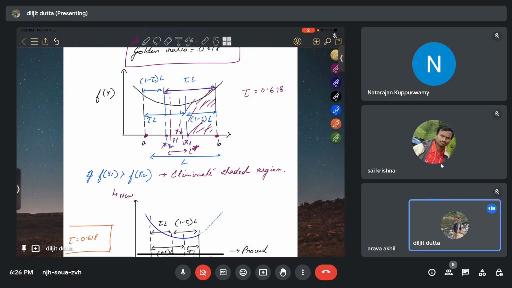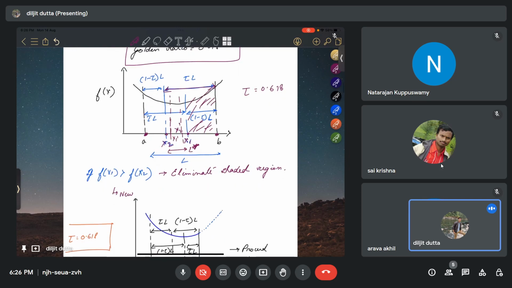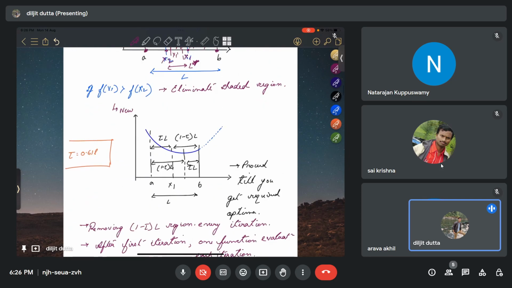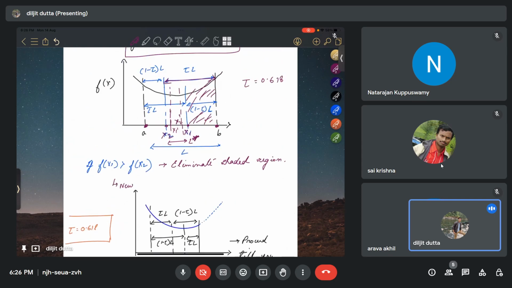So this will again be based on the criterion that I told: x1 dash should be at a distance of tau into L star from x1, and x2 dash should be at a distance of tau into L star from x2, and we will keep on narrowing the region. After a point of time, when the region satisfies the criterion that we have obtained the optimum, that is, the final L star is less than epsilon.